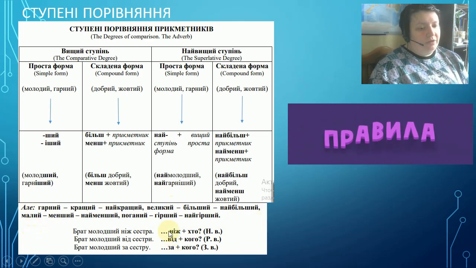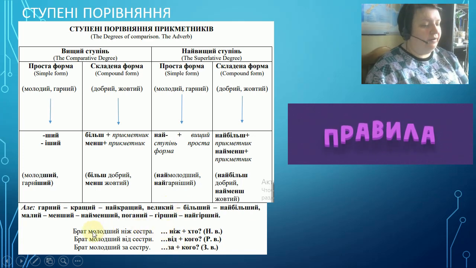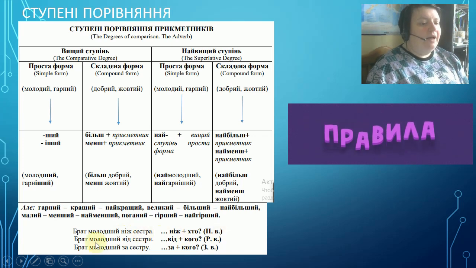And we use these prepositions when we compare something. Брат молодший, ніж сестра. And we use nominative case. So the brother is younger than his sister. Брат молодший від сестри. We can use preposition від. The meaning is the same.